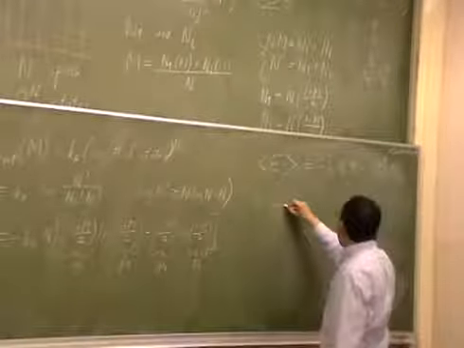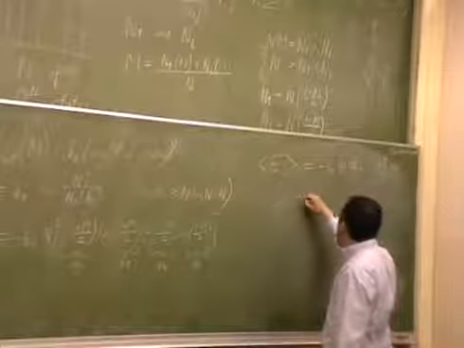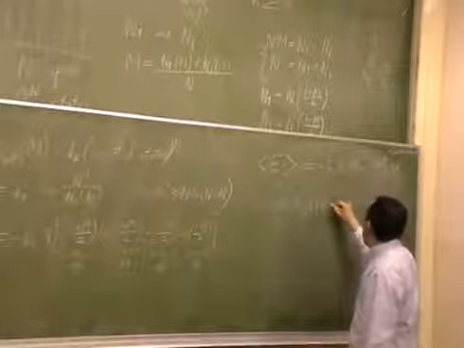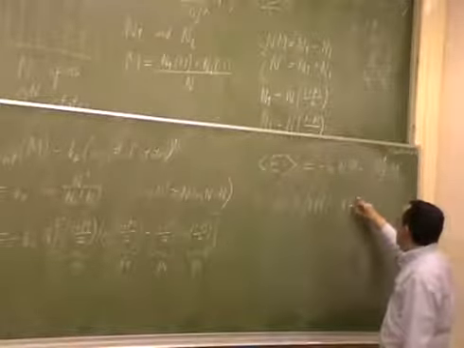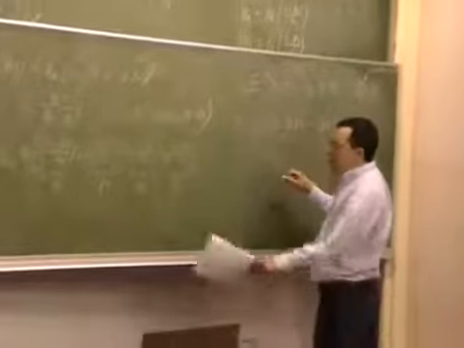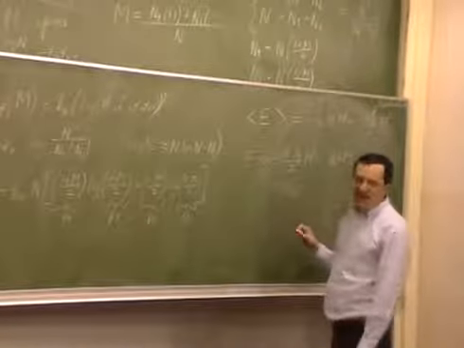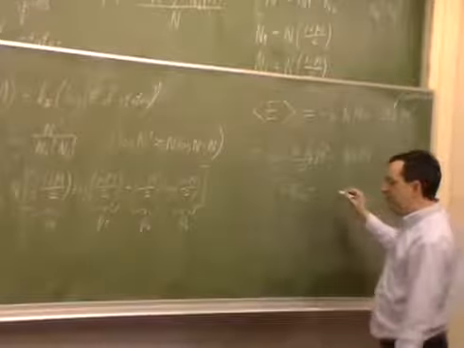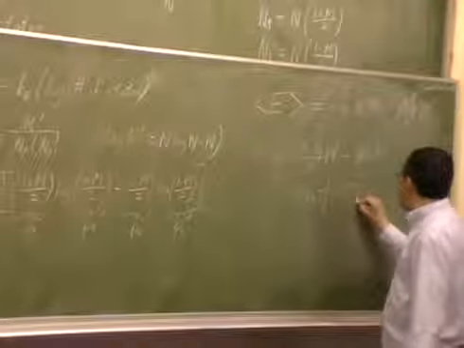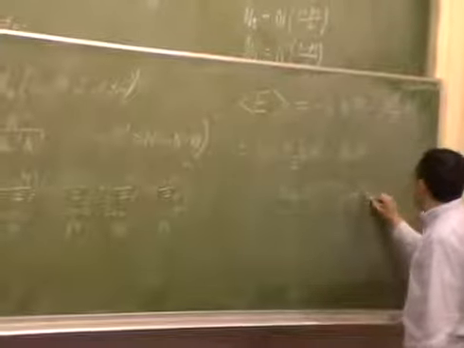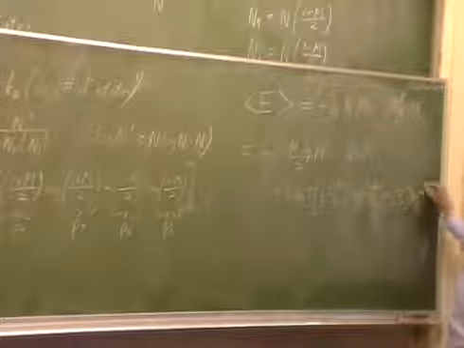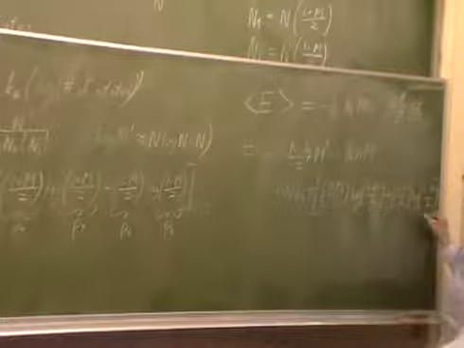So minus NJQ over 2 times m squared minus NHm, plus N times kT times this messy looking thing: 1 plus m over 2 log 1 plus m over 2, plus 1 minus m over 2 log 1 minus m over 2.